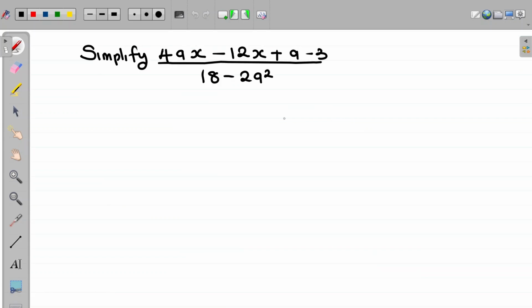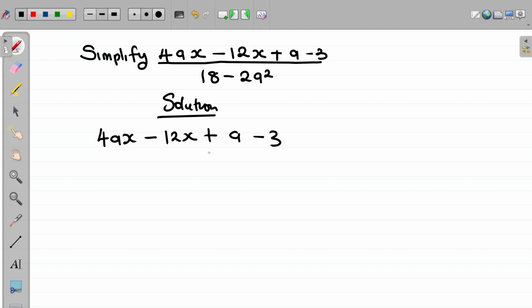Now we are asked to simplify 4ax minus 12x plus a minus 3, divided by 18 minus 2a squared. So from here, we have 4ax minus 12x plus a minus 3, all divided by 18 minus 2a squared.